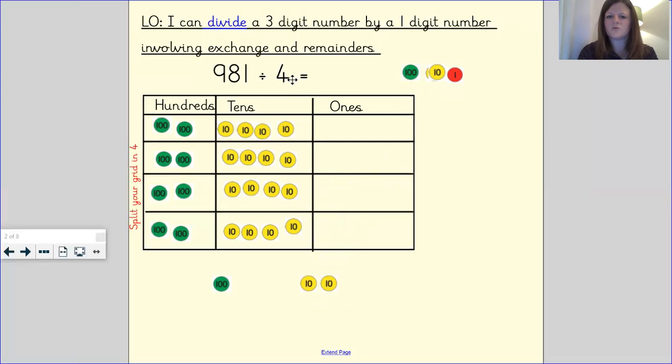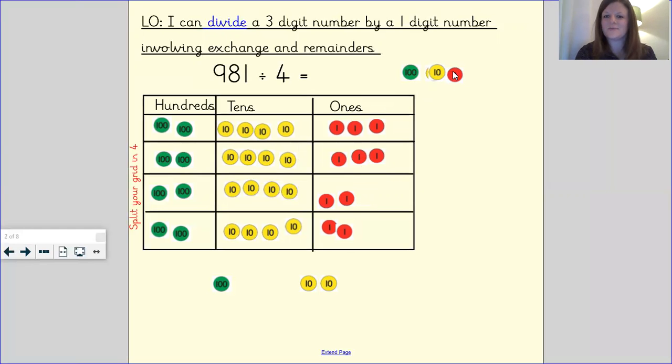So therefore I've got 21 ones altogether because I've got my 1 from here. So 1, 2, 3, 4. If you don't want to watch me, you can pause it or fast forward until I finish counting these out, or you could do it with me. 5, 6, 7, 8, 9, 10.